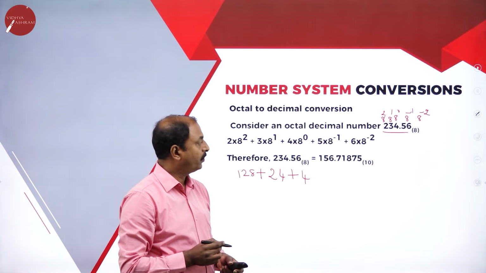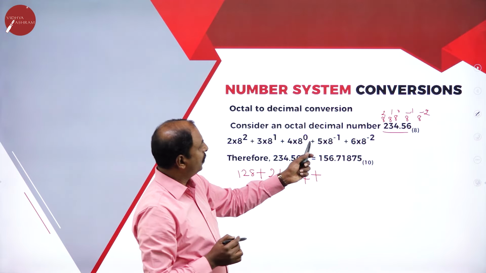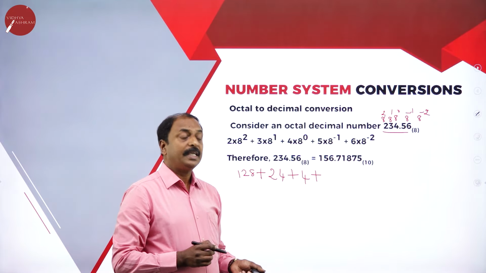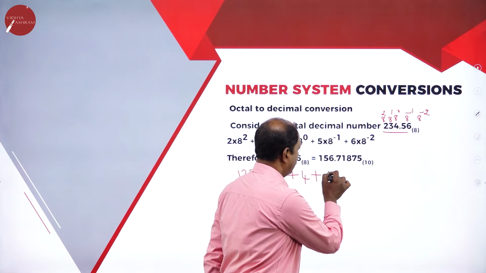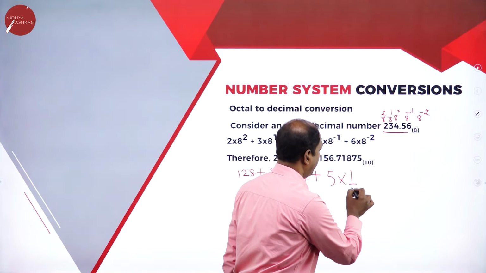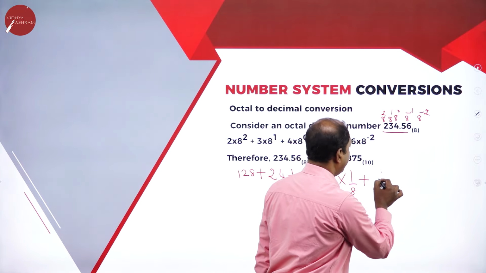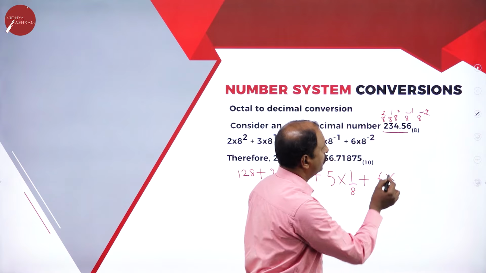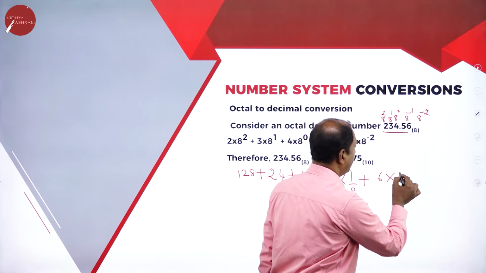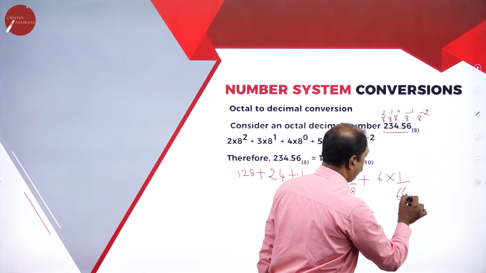1 into 4 is 4, and plus 5 into 8 to the power of minus 1, which means 1 by 8. So, 5 into 1 by 8, plus 6 into 8 squared, 1 by 8 squared, that is 8 into 1 by 64.